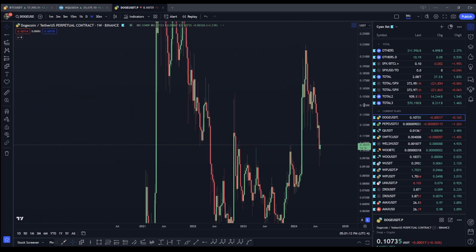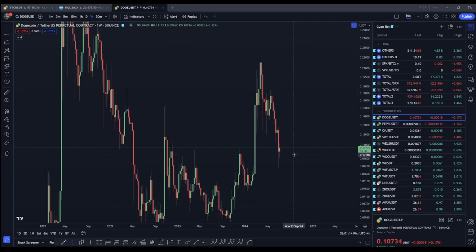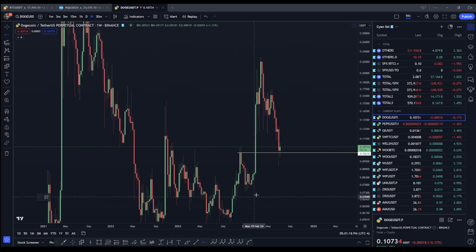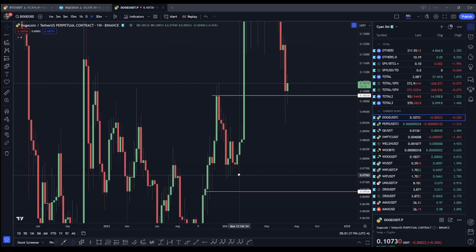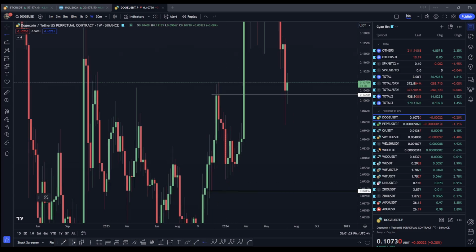Jesus Christ. It looks so bad. It's sitting on a nice order block right now. I would imagine it goes for that 7 cents. Oh yeah, look at all those swings. And then you're taught, it's like, oh, higher lows, higher lows, higher lows. And then guess what these are used as? Stop losses.